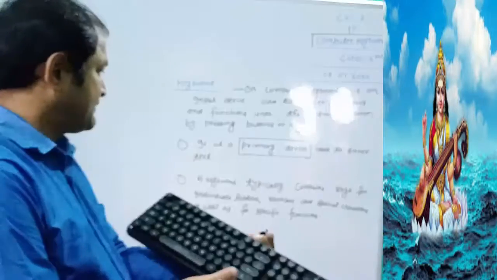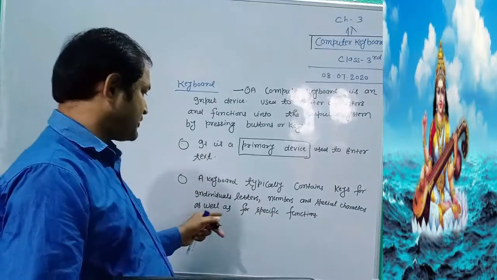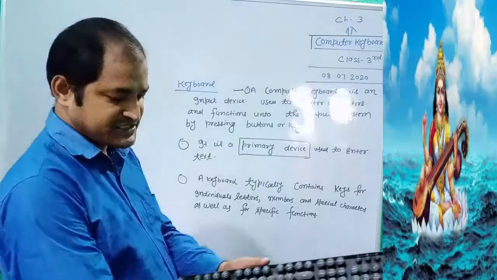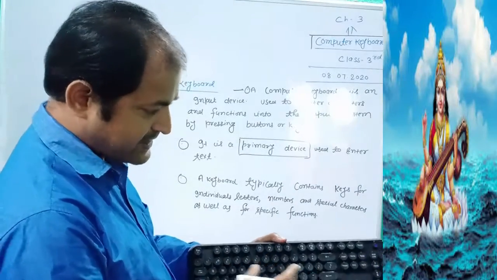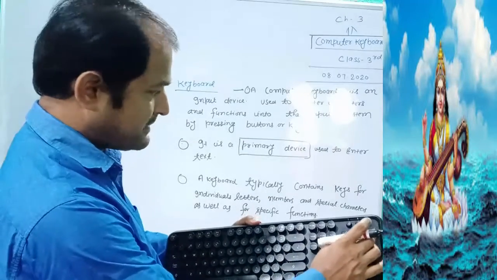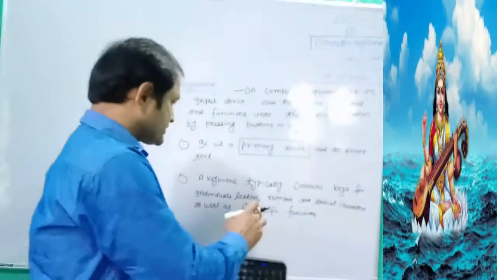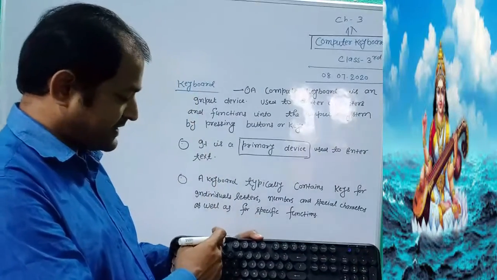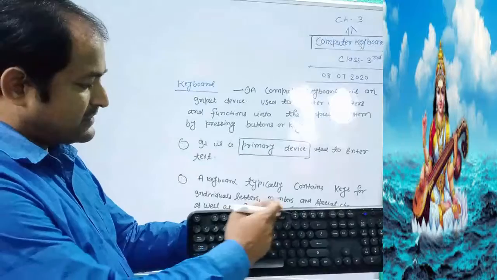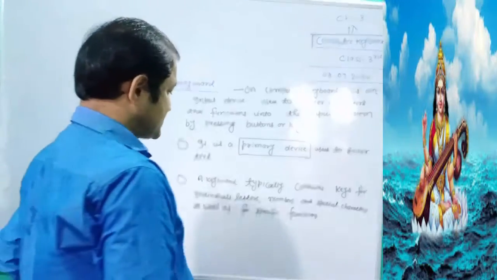These are all the individual letters, and these are the numbers. And for the specific functions, these F1, F2, F3, F4 are all specific function keys.